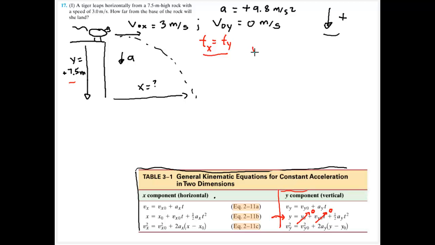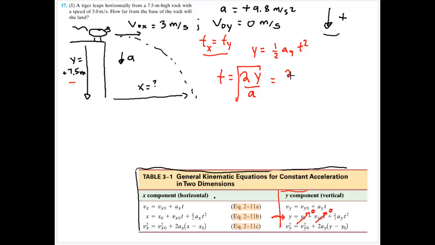So really what I'm left with is the position is equal to 1/2 the acceleration in the y direction multiplied by time squared. So time is going to be equal to, I'm going to multiply both sides by 2, and then I have my y right there. I'm going to divide both sides by the acceleration and take the square root of both sides.